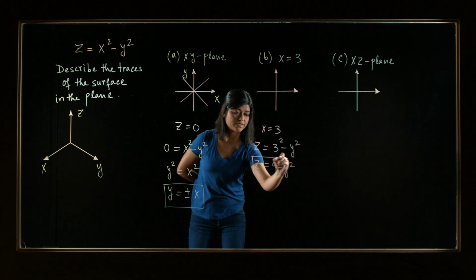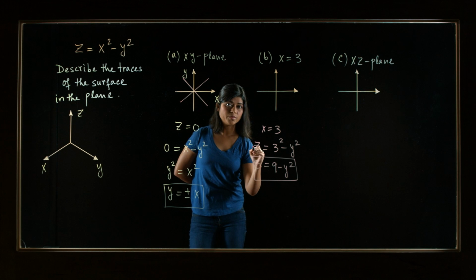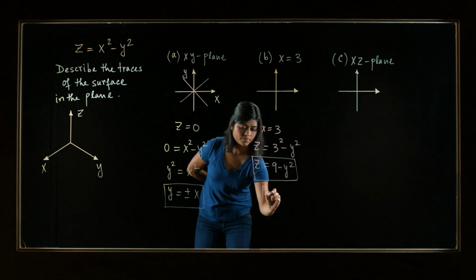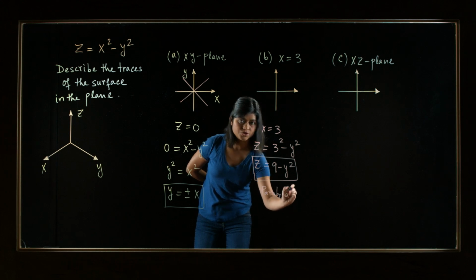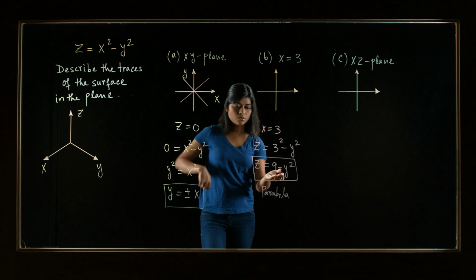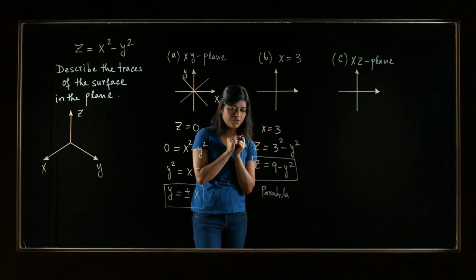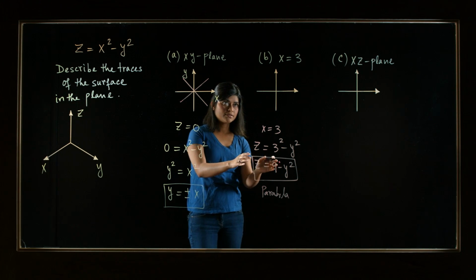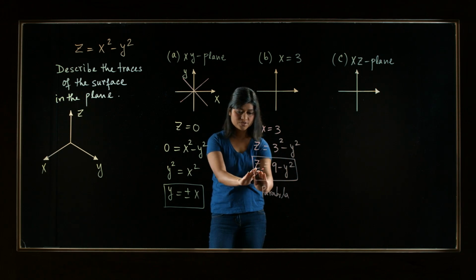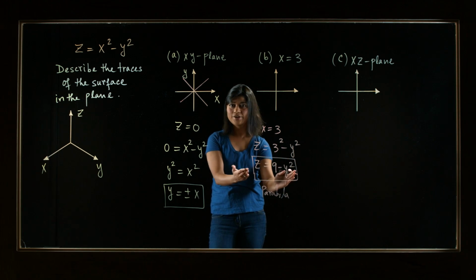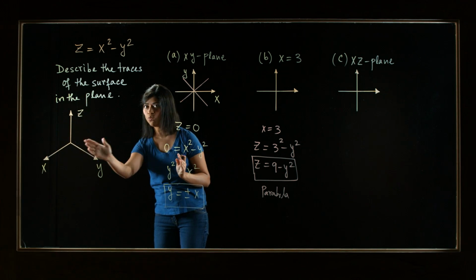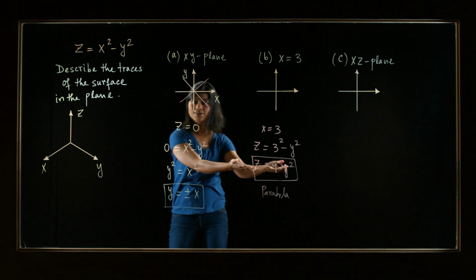Now what does that represent? Do you remember? This is just a parabola in 2 dimensions, right? In just z and y. Looking at the equation itself, you can tell which plane we are going to graph it in. You see it's z and y. Those are the variables. So we will be graphing it in the yz plane, right?